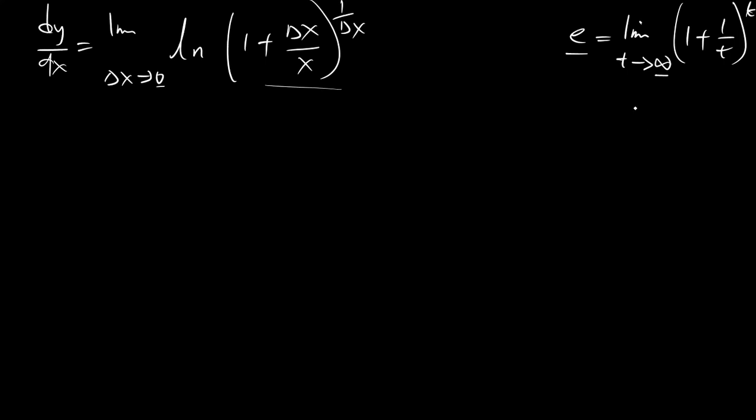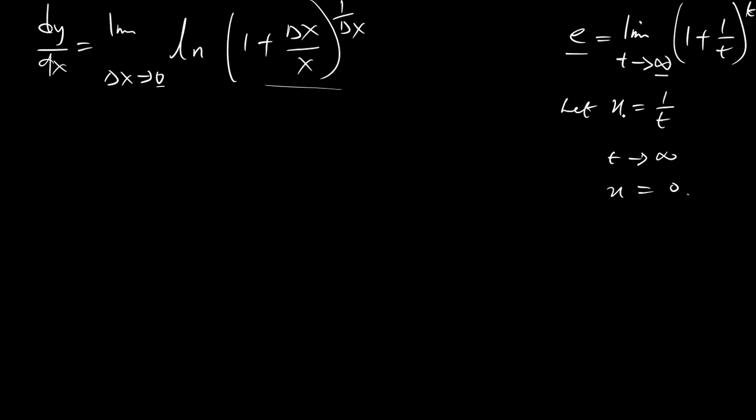You see the limits: this one tends to infinity, this one tends to 0. So what we're going to do is let u be equal to 1 all over t. So when t tends to infinity, u will tend to 0.